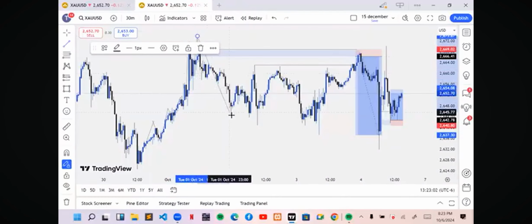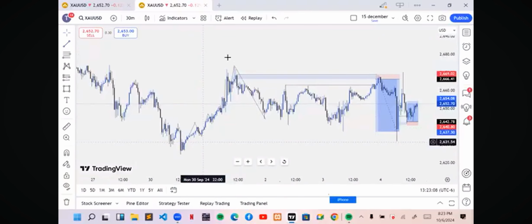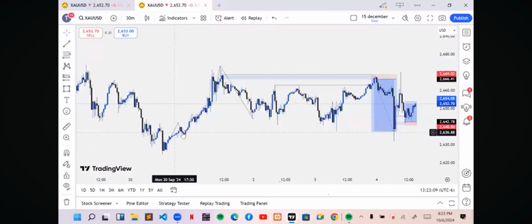It made a lower low right here. So pay attention. Previously, I would be taking buys from this trade. Higher highs, higher lows, higher highs. So we'd be taking buy continuations. But what did the market do? This was the last low in the market. But this particular move that happened here now turned the market.